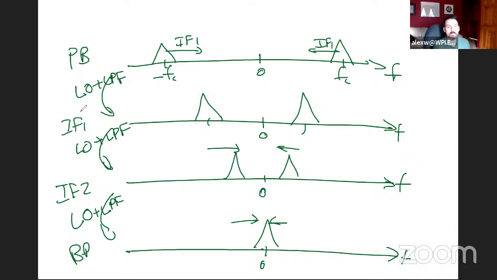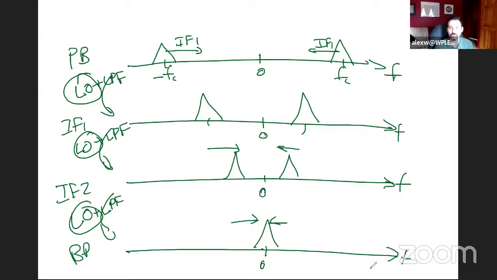So all I need is local oscillators with lower frequency than, let's say, FC, and I progressively do demodulation, filter, demodulation, filter, demodulation, filter. Okay. And so even though the receiver chain is more complex, it's not a one-shot deal, the components are cheaper.